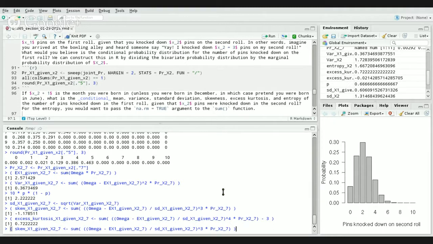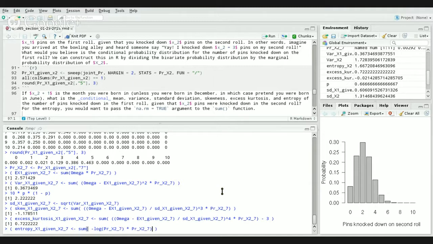Finally, we can calculate the entropy using negative log probability, to 7.